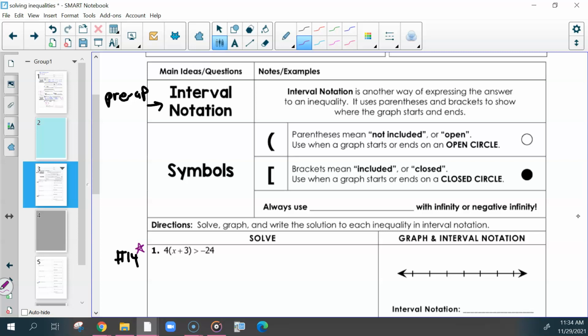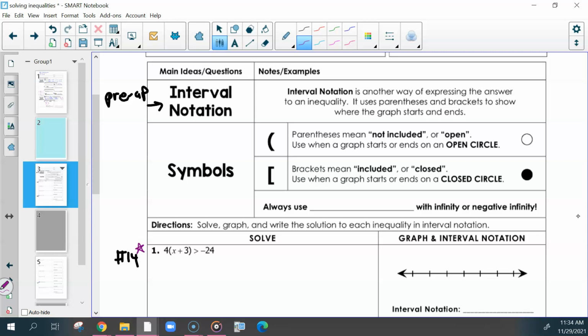When we have just strictly less than or strictly greater than, we're going to use parentheses. Think about that as you're not included, your open circle, all of those things go together. When we have greater than or equal to or less than or equal to, we're going to use square brackets.